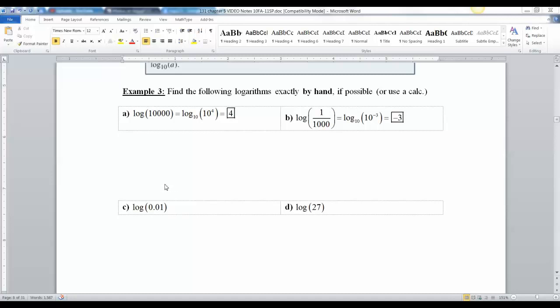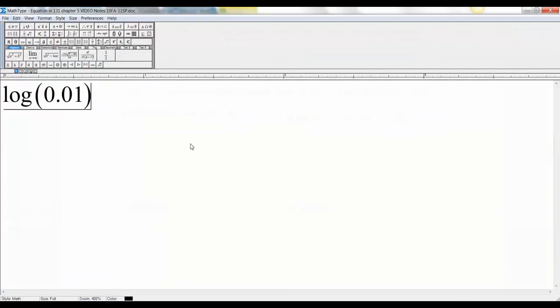Sorry, we'd left off here, finding the log of 10,000 here and the log of 1 over 1,000. So here we have the log of 0.01. Now let's use a little bit of ingenuity here and realize this is really the log base 10 again, because they didn't show us a number. So that's base 10.